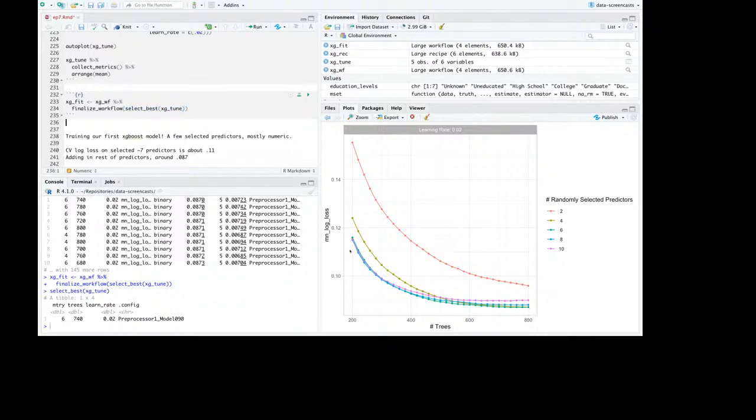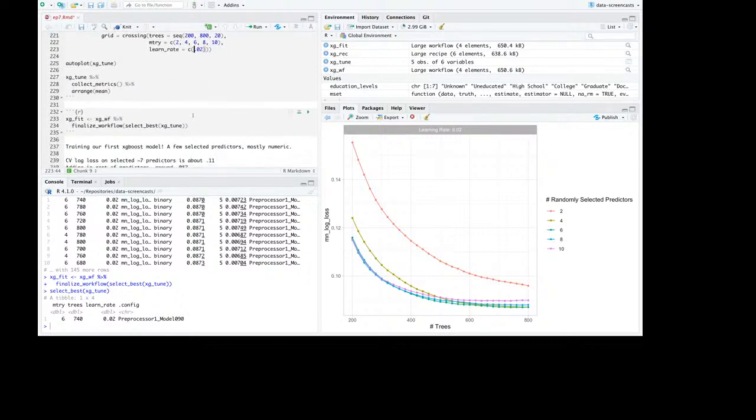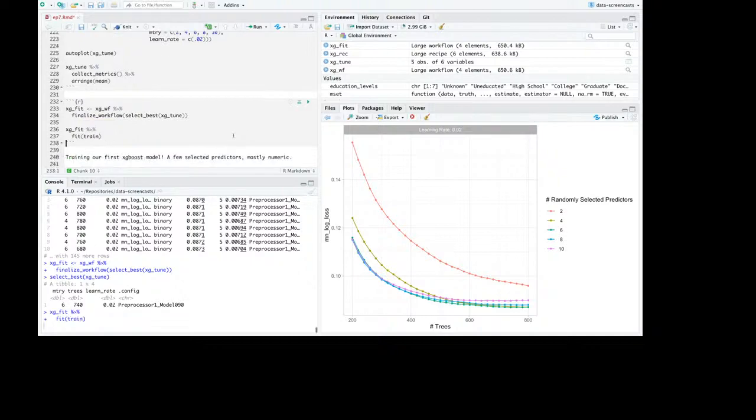Yeah, we can see it's leveling out around there. I'll start with that, and then we'll try XG fit on the full train data.